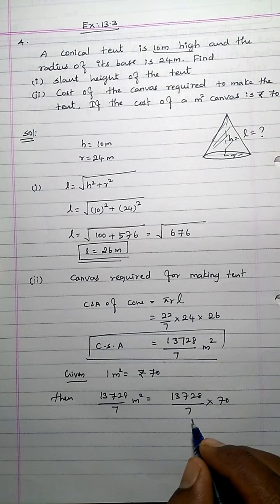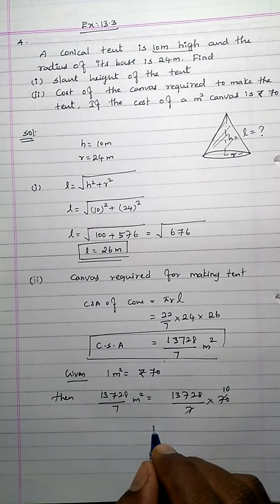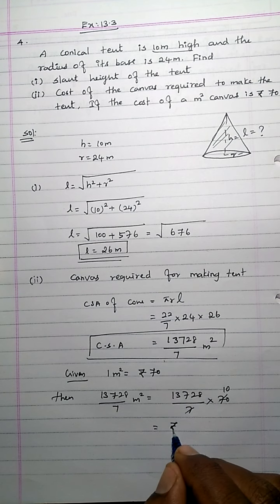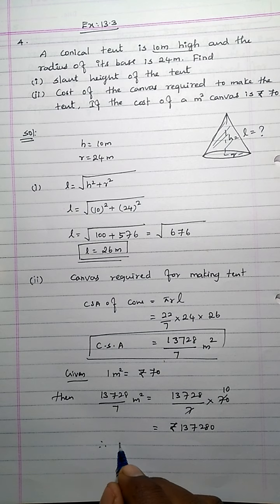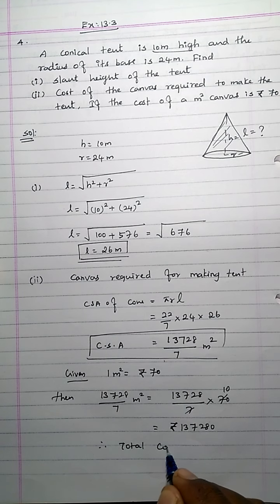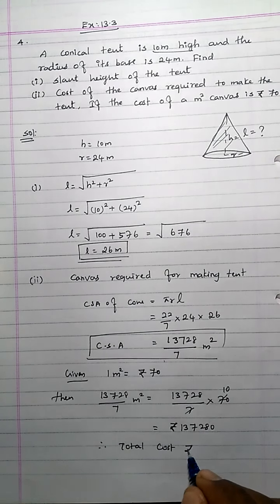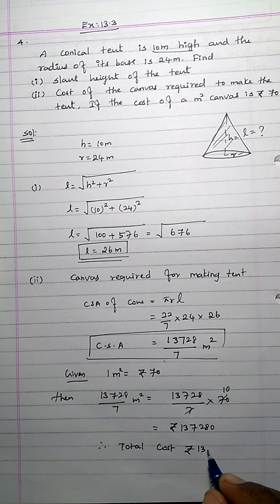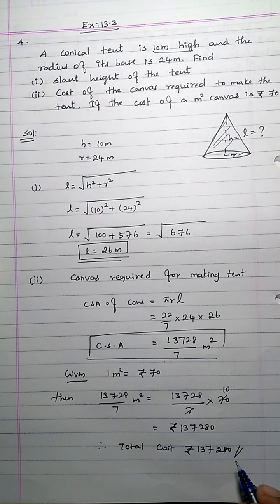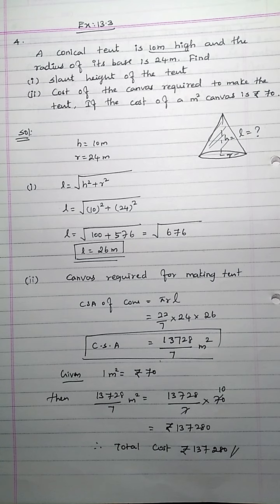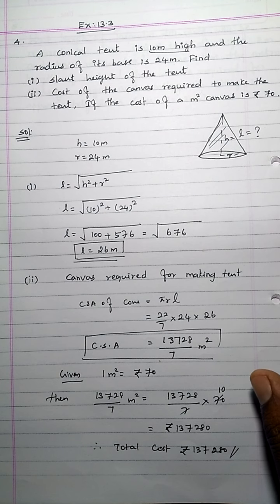If you are dividing also, fine. 7 ones are 7, 7 tens are 70. So if you multiply, you will get the amount. Okay, so the total cost is 1,37,280 rupees you need. Hope that you understand this. So let's go to the next question.